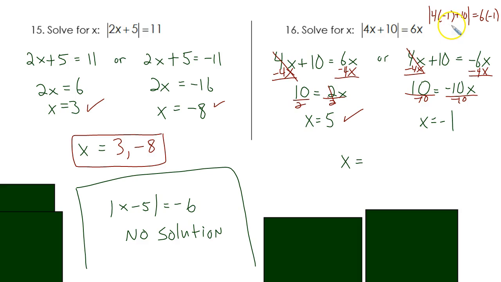Negative 4 plus 10 is 6. But on the right side, 6 times negative 1 is negative 6, and I can't take an absolute value of a positive number to get a negative number, so it doesn't work. They're not equal to each other. It is what we call an extraneous solution. So this equation has only one solution, and that one solution is 5.